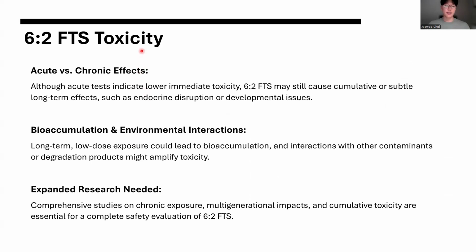Even though acute toxicity tests suggest 6:2 FTS is less harmful than PFOS, long-term effects could still be dangerous. Some key concerns are chronic exposure may cause endocrine disruption or developmental toxicity. Bioaccumulation could still occur, especially in marine organisms. More research is needed to understand the long-term risks of its environmental impact.